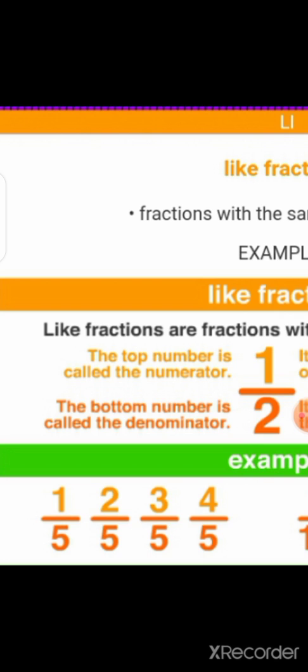What are the numerators? Numerators are 1, 2, 3, 4. All the numbers which are written above the dividing line are called numerators, and the numbers below the dividing line are called denominators. So all the denominators are the same. It means these are like fractions.